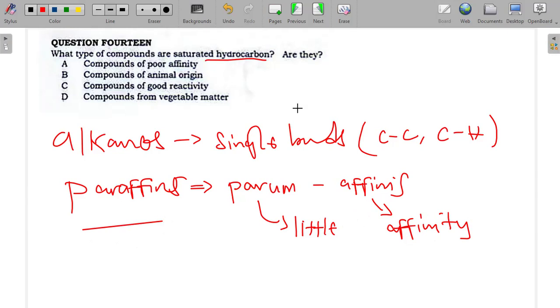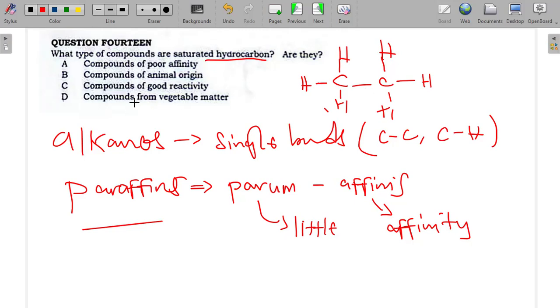That's what they mean. Because the structures of these alkanes will be so compacted together like this with the single bonds, it will leave no room for reaction because everything there is bonded. So there's no room for reaction in an alkane or a saturated hydrocarbon, which is also known as paraffin.